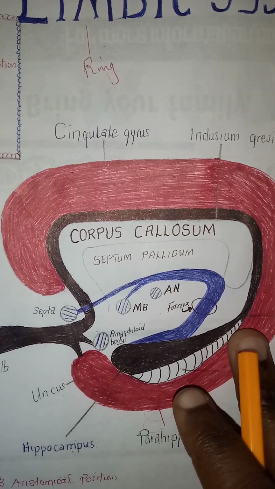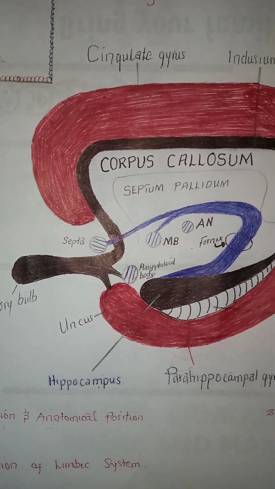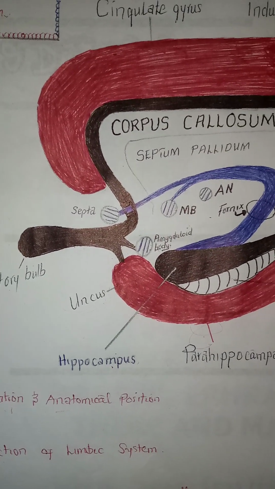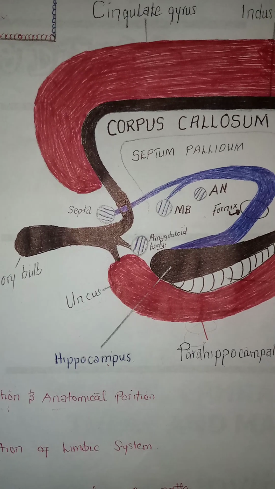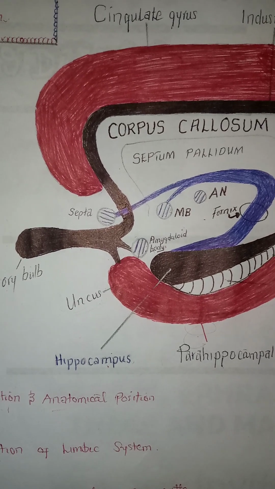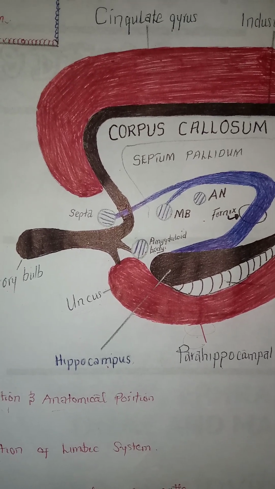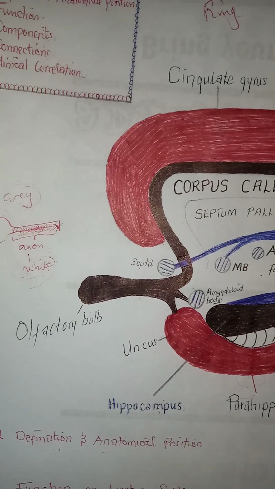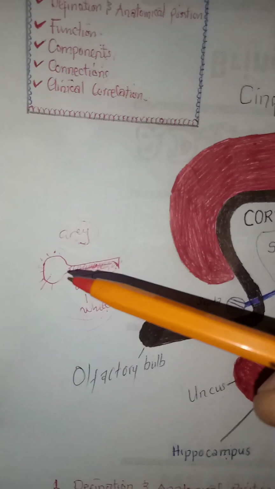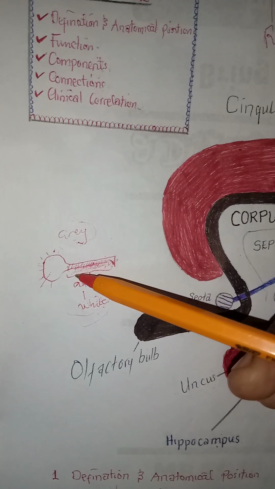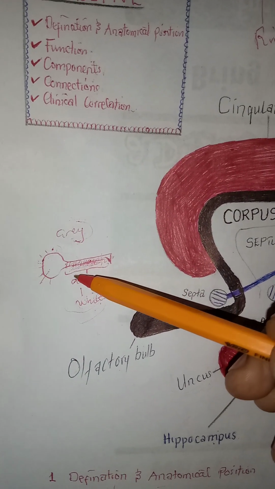Okay, so now let's come back here and talk about the components. Just to give you an orientation, the limbic system can be thought of as a system of gray matter and white matter. When we talk about the gray matter, we are basically talking about the nuclei. If this is our neuron, this is the axon of the neuron, and the axon is myelinated.